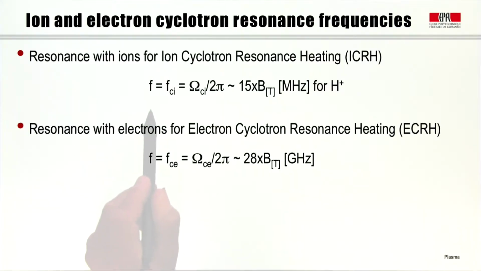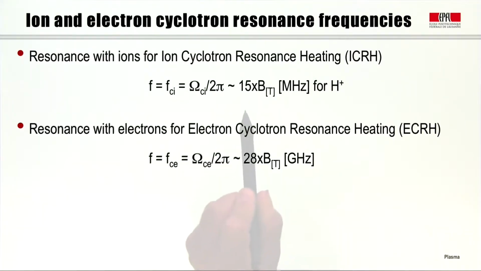The order of magnitude of that frequency, the angular frequency divided by 2 pi, is about 15 times the value of the magnetic field in Tesla if the frequency is expressed in megahertz, and that's for a hydrogen species, for protons. So if we have a field of say 3 Tesla, we have about 45 megahertz of frequency for the ion cyclotron resonance.